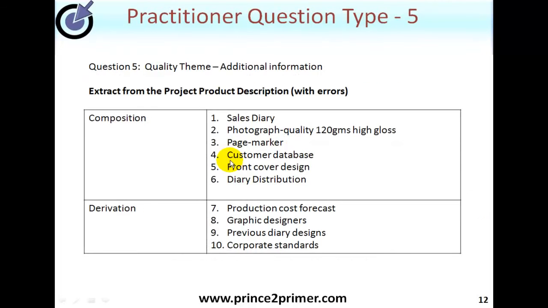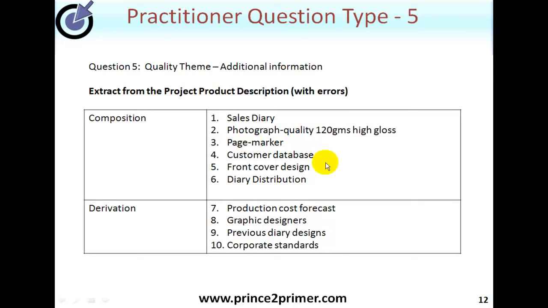Just spend a few minutes looking at this with your head and mind clean, if you will, saying to yourself, for this project, in the project product description, which of this information would make sense to be included in the composition section? In other words, which of this is the composition of the end product?